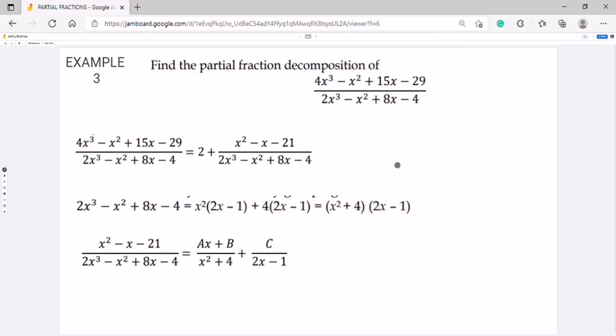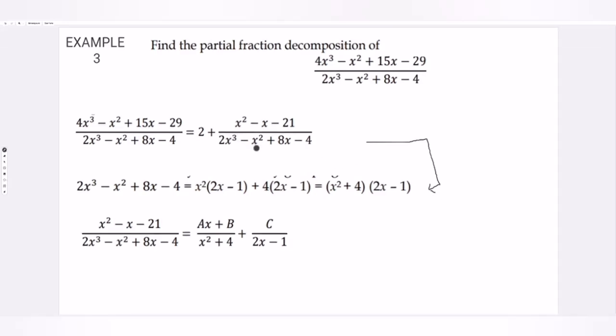The denominator may be factored by grouping, as follows. We have x squared times 2x minus 1 plus 4 times 2x minus 1. This is a special technique.